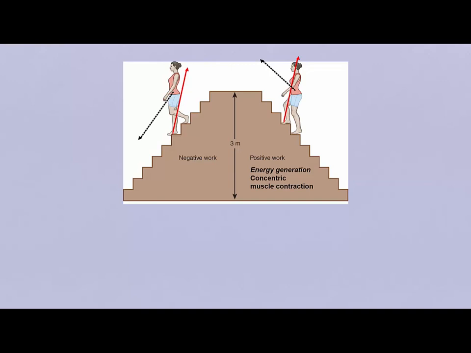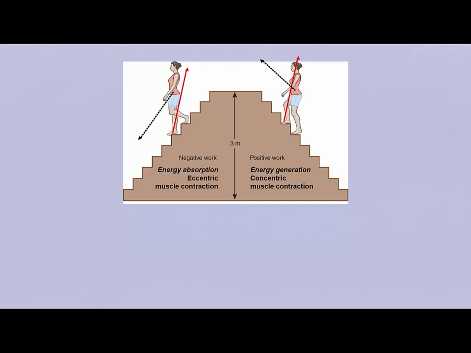Why? Because they're shortening while the contractile force is being applied. So therefore, force and contractile velocities are in the same direction. So therefore, those muscles are generating energy. You're generating a change in her center of mass moving upward.